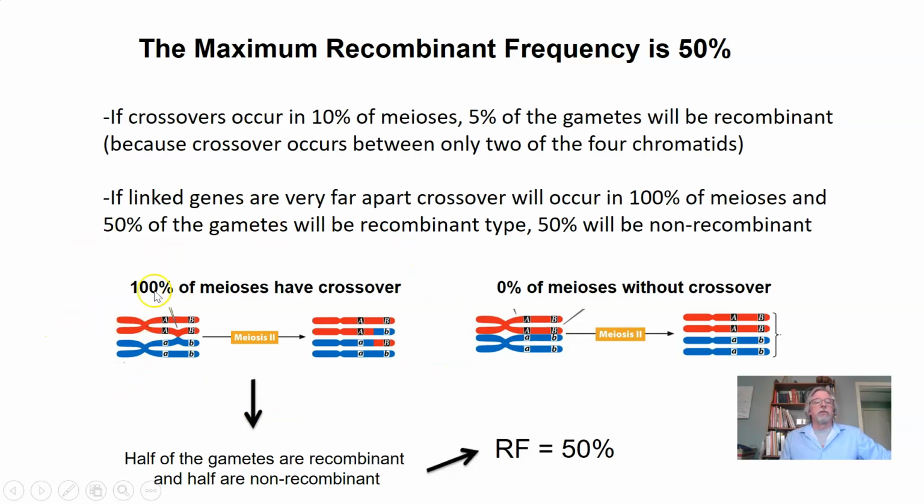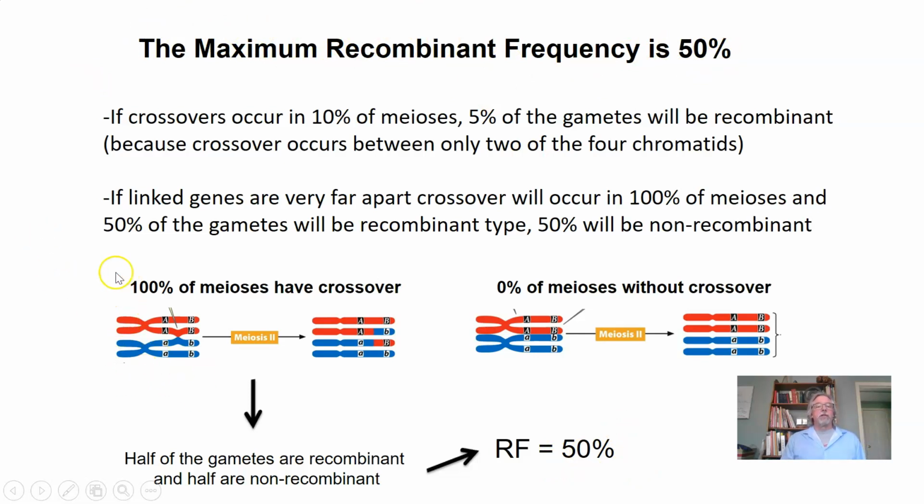If 100% of the meioses have crossover, then the relationship should be that half of the gametes and half of the offspring of a dihybrid cross will be recombinants. And so the recombinant frequency is 50%. 100% of the meiosis have crossover, producing a recombinant frequency of 50%. 50% is therefore the maximum recombinant frequency.